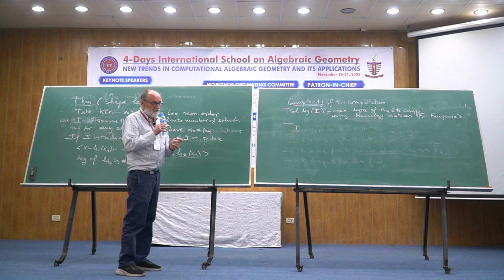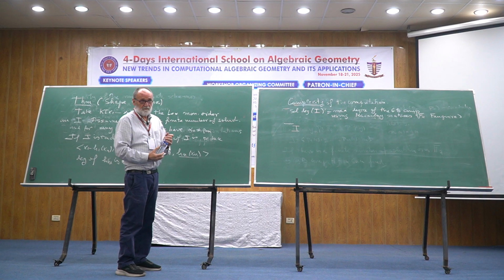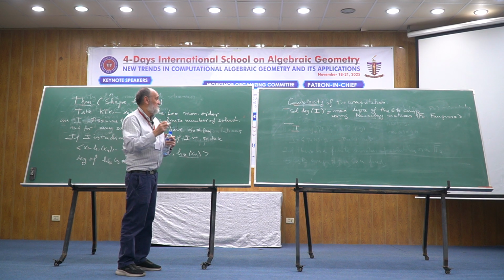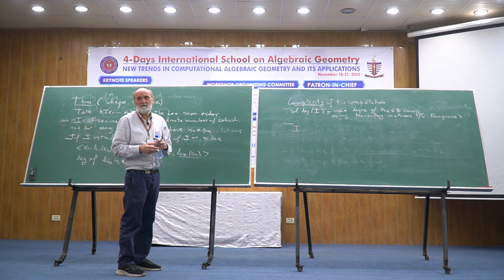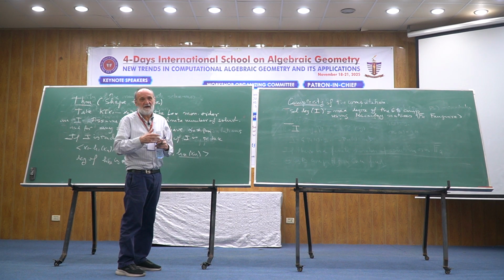In fact, there have been many conferences in cryptography, and people in multivariate cryptography always ask, you know something about Grobner bases, can you tell me how you compute the solving degree or the last fall degree? They are always very interested in that.